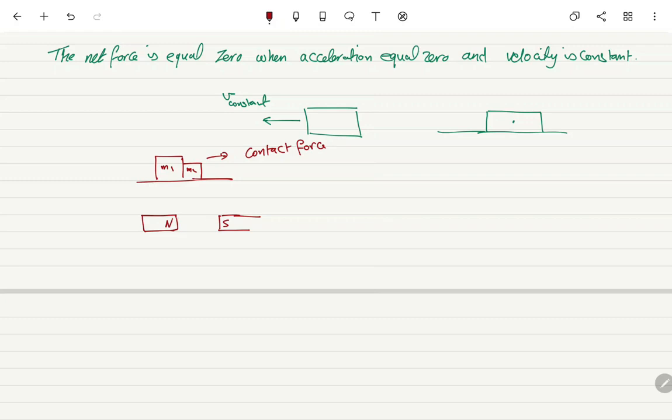There is a force between the north and south, so there's a force between these two magnet poles. This type of force is called field force, which means there's no physical contact between these two objects.